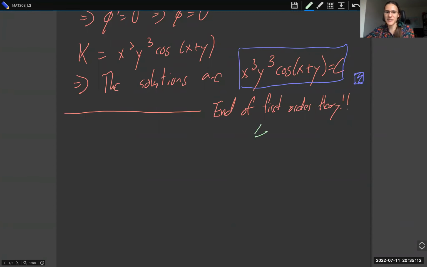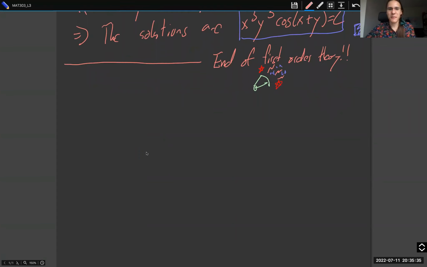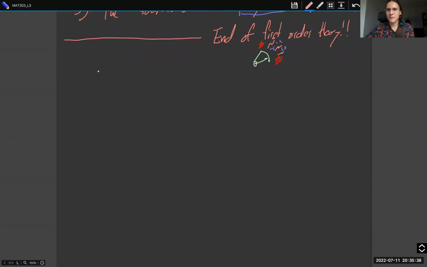The first assignment is entirely on first order equations. I want some blue in here as well. So now we are going to very quickly, in the remaining time, introduce a tiny bit of second order theory.